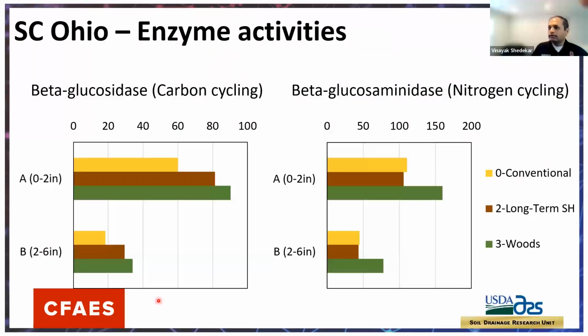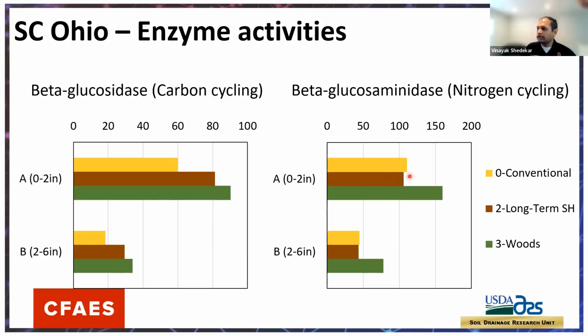All right, the second indicator was enzyme activity, and the enzyme activity that plays a role in carbon cycling versus nitrogen cycling. I'm going to spend less time on this, but in general, you see that similar trend being followed, especially for the carbon cycling portion for that Southern Ohio site.